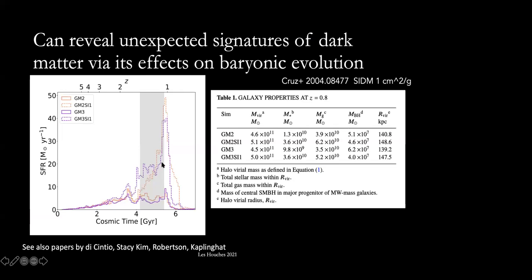Another thing that's pretty interesting is that, I talked about galaxies as being sort of a nuisance for understanding dark matter, but conversely, dark matter physics can really affect the star formation properties of the halo. This is a plot and a table from a paper by Akaxia Cruz, who's a grad student at the University of Washington. What she's shown is that in self-interacting dark matter cosmologies, you actually get very different star formation histories.